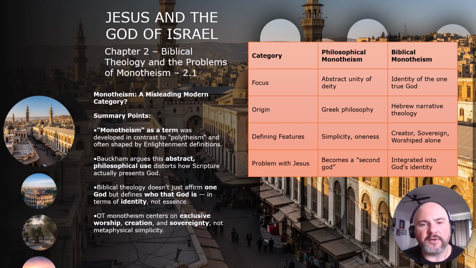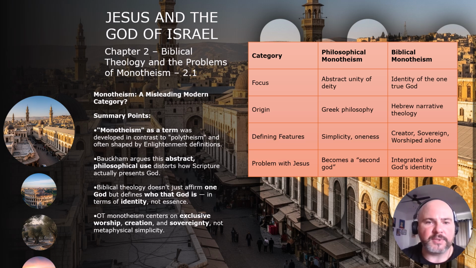Focus. Philosophical monotheism centers on abstract unity or metaphysical simplicity. Biblical monotheism focuses on God's revealed identity, especially as creator and Lord over all. Origin.